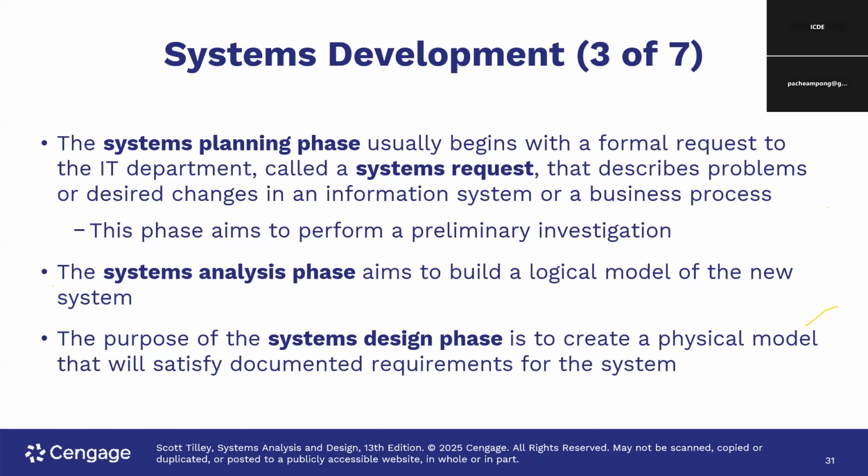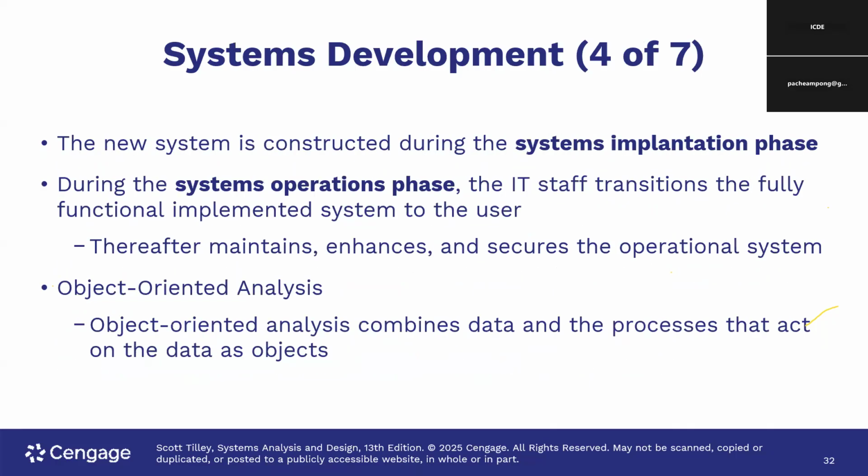Then when it comes to the systems analysis phase, you are aiming to build a logical model for the new system. The purpose of the systems design phase is to create a physical model that will satisfy the documented requirements for the system. And then the new system is constructed during the systems implementation phase.